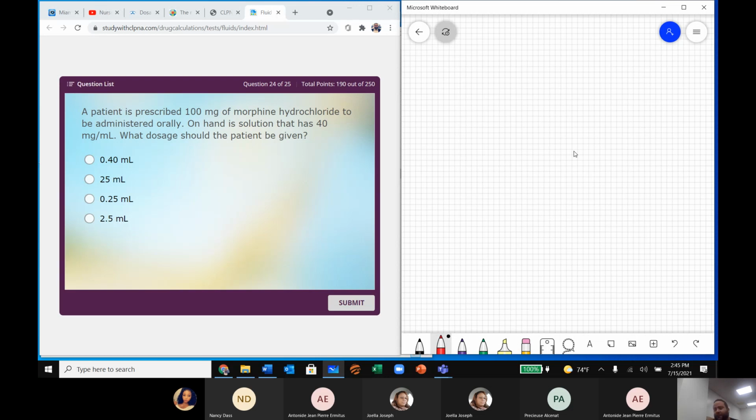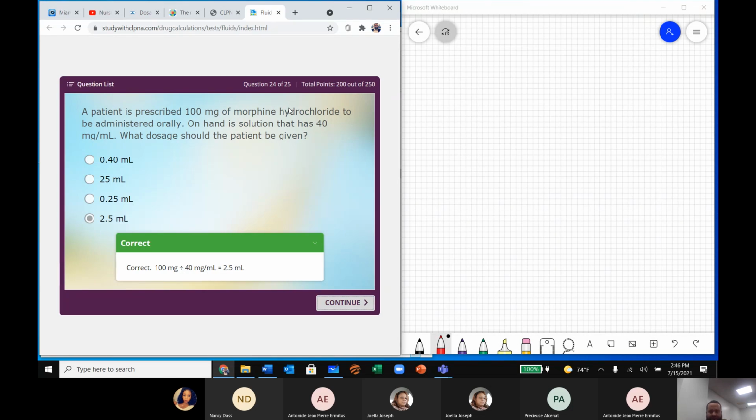What dose should the patient be given? 2.5. Got it, everyone?